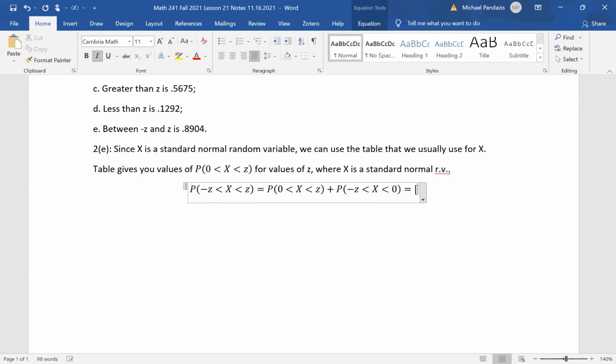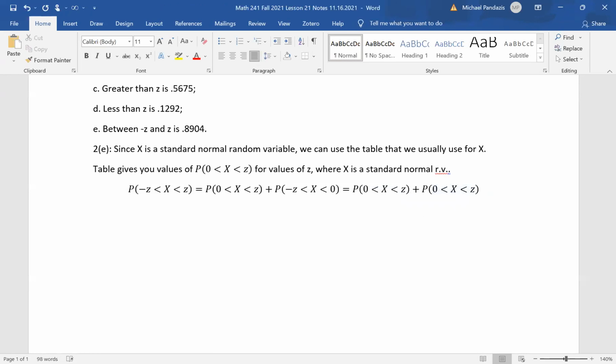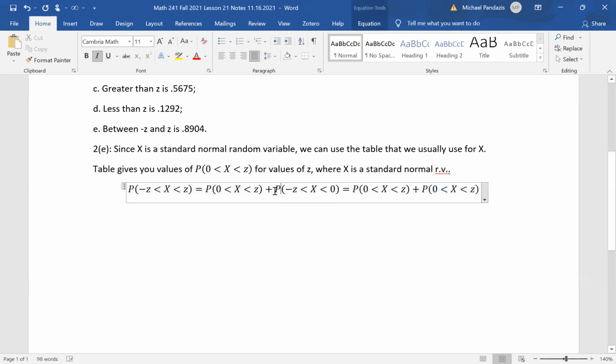And this is equal to, by symmetry, the first probability is the same. But the second probability is equal to the probability that 0 is less than X less than little z. So this probability, which I'm going to color in red, is equal to this probability by symmetry.